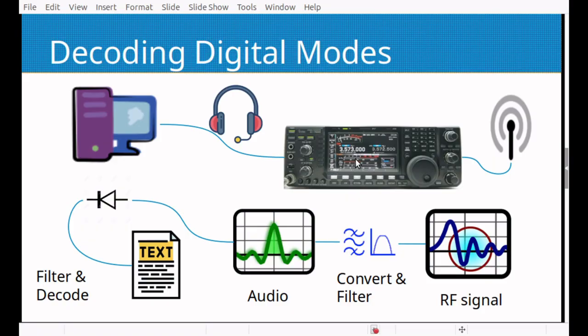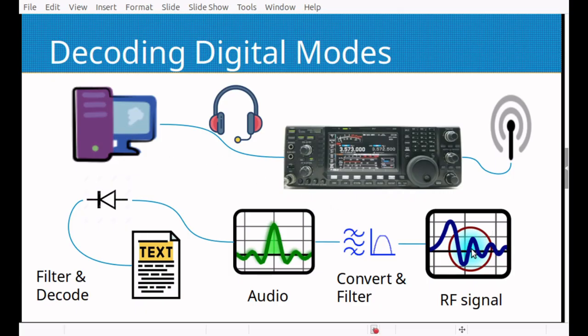After the digital signal has been demodulated, it'll appear as an audio signal on the USB connection to a computer. That computer will be running an application program such as WSJT-X or a PSK31 program, and it'll take that audio signal and filter it and decode it.